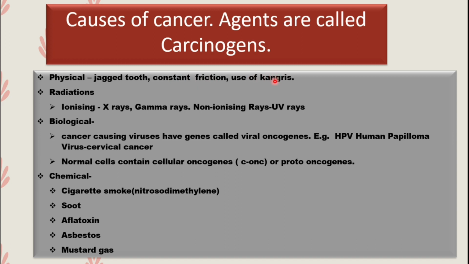Use of kangris. What are kangris? A kangri is a small earthen pot where hot coal is placed, and this hot pot is placed close to the abdomen in the case of people who live in very cold regions of India.